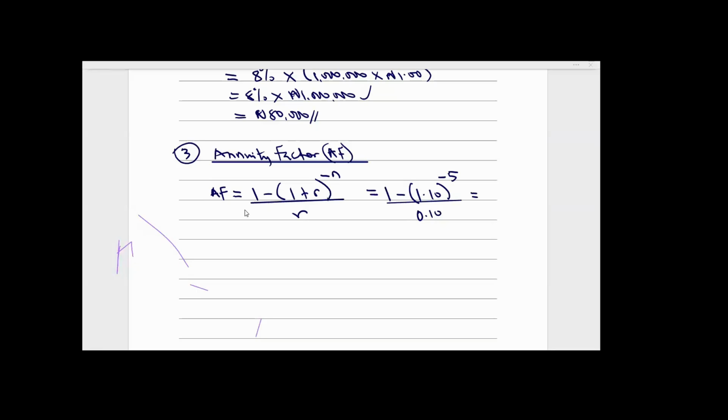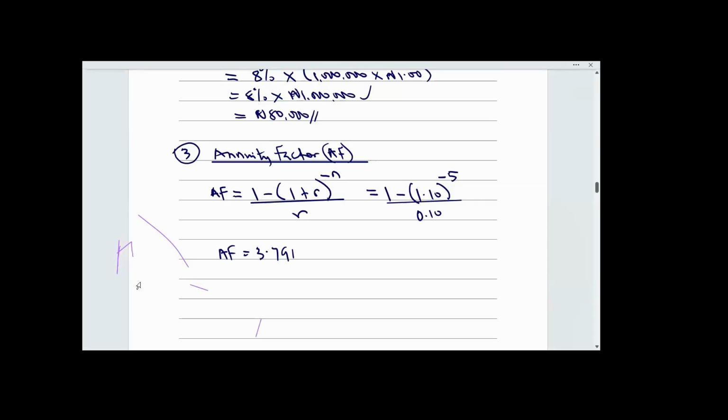Don't forget what I said: you start from the parentheses. 1.1 raised to power minus 5 equals. Then just press minus 1 equals, divided by 0.1 equals. What do you get over there? Anyway, I get 3.791.